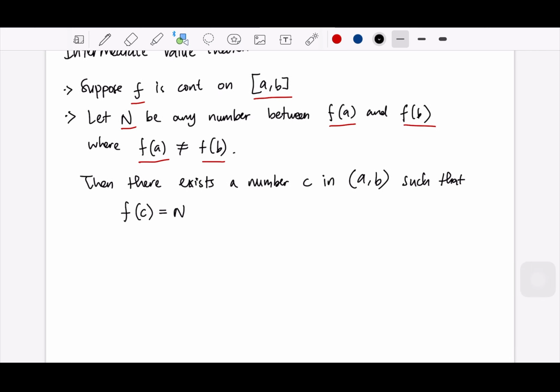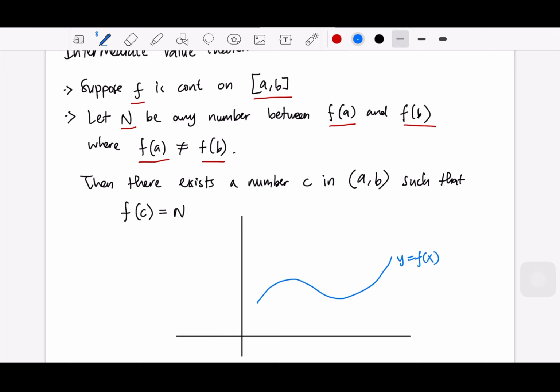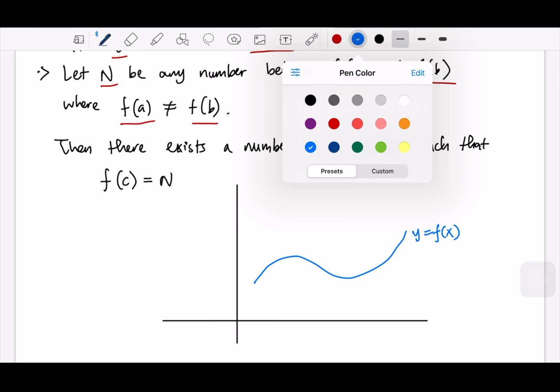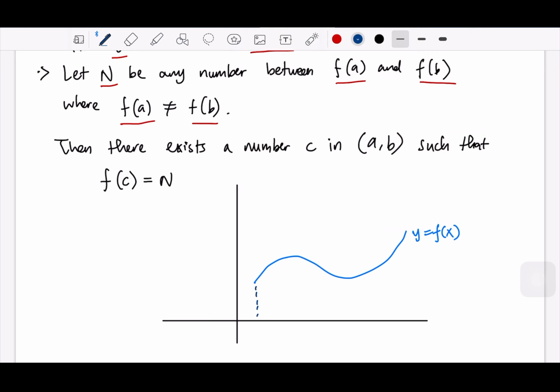Okay, this is saying that when you have a graph, let's say we have this. Okay. Let's say this is our f(x). And we evaluate the graph from some interval a to some b, maybe here.